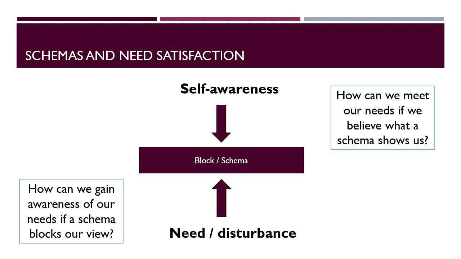And as you might guess, all of the schemas arise from the fact that our needs were not met in childhood, not met by our parents, by our society, by our peers. So basically we were not taught how to meet our needs, how to develop different responses and behaviors that will help us to meet our needs.